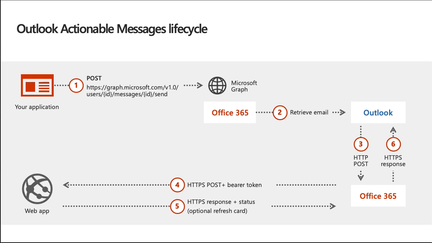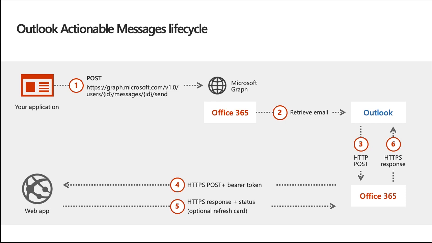Action processing requires a publicly reachable endpoint that is pre-registered using the actionable email developer dashboard. The way it works is as follows. A user is going to receive an email with an actionable message embedded in a script element. That's step one.